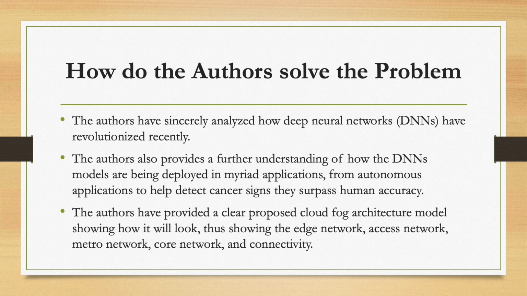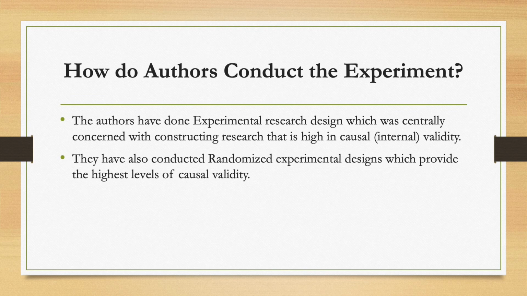The authors have done experimental research, which was centrally concerned with constructing research that is high in causal validity, and they also conducted experimental designs which provide the highest levels of causal validity.